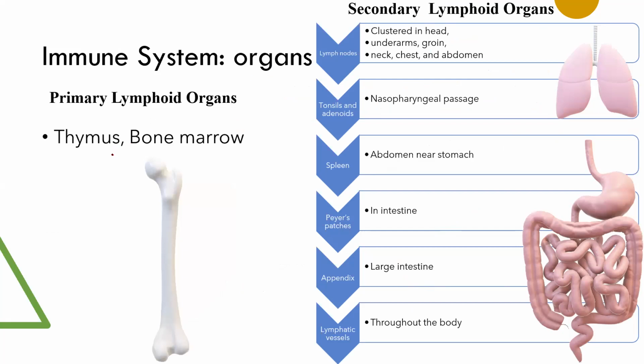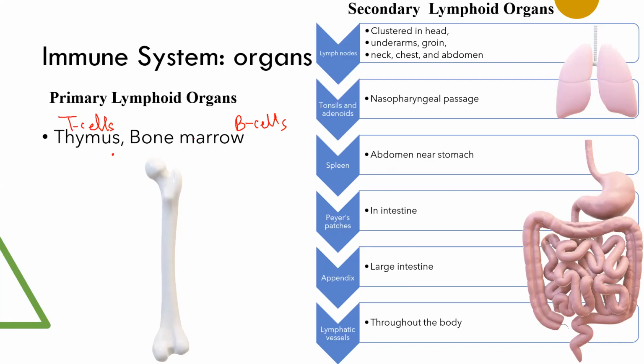Primary lymphoid organs are basically required for the initial maturation of the lymphocytes. What are those two lymphocytes? We talked about it. B cells and T cells.